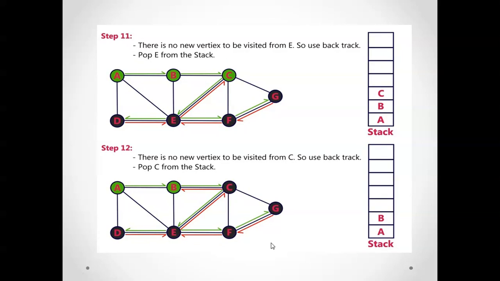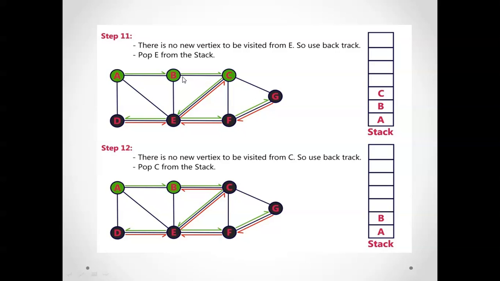So then you are at C. Are there any new non-visited elements? Definitely not, because G is visited, F is visited, E is visited, and B is visited. When you do not have any new unvisited vertex, what do you have to do here?